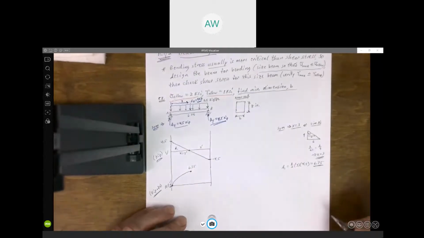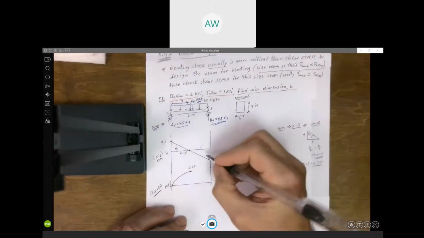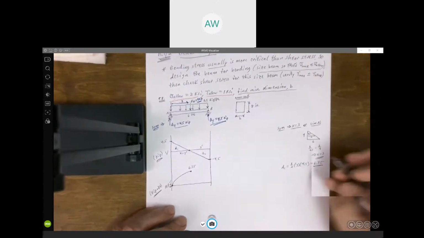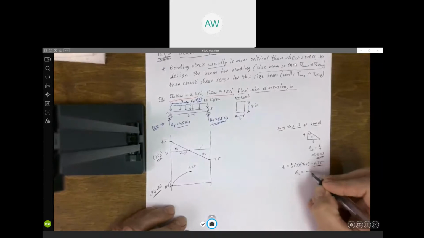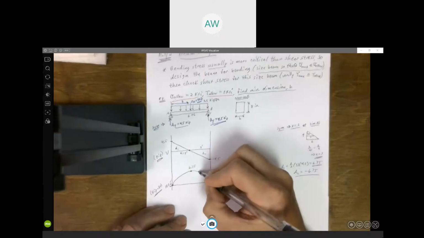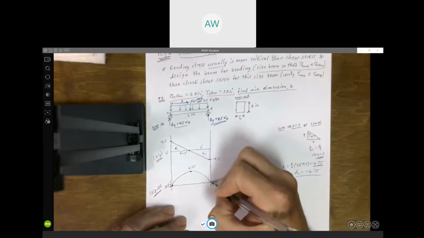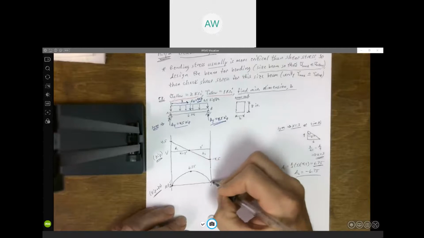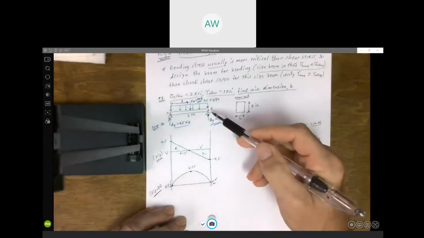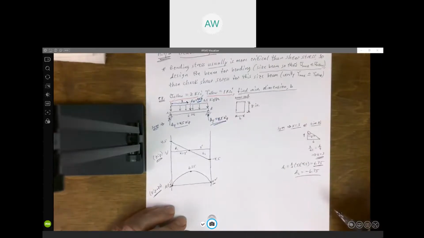It's concave down. Now, just an observation, A2 is the same magnitude as A1, it's just negative. A2 would be a negative 6.75. So we're going to go down that amount, which, fortunately for us, takes me right back to 0, which is what it should be, because there's no moment at the right end of the beam either.